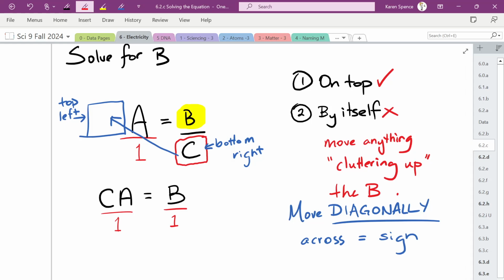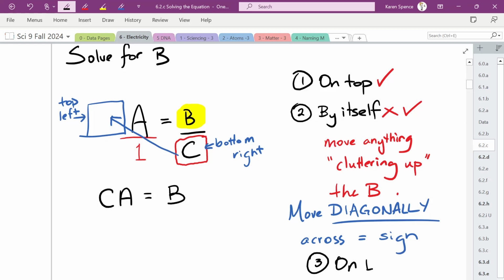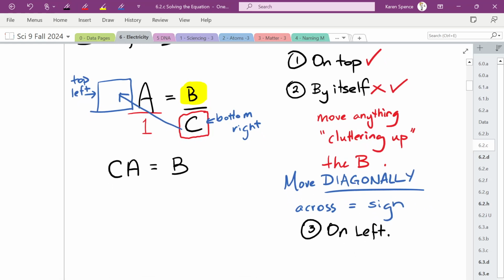So I can say, okay, I don't want those over 1s anymore. I can just say I have B is equal to CA. Is B by itself? Yes. And our third thing is it needs to be on the left. Is B on the left? No.